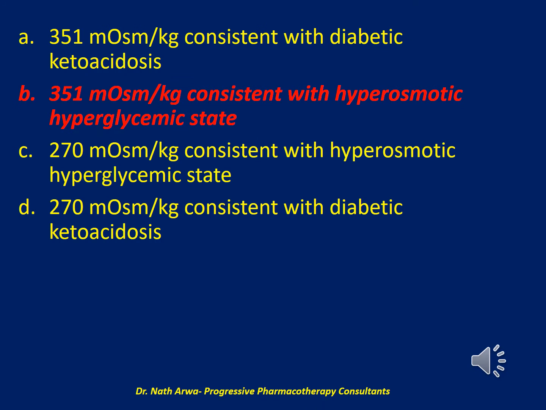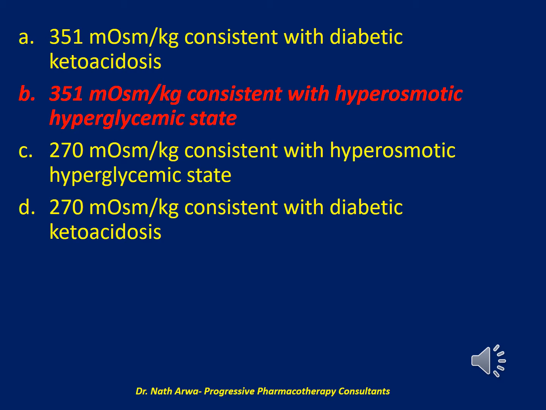And the correct answer is B. 351 milliosmoles per kilogram consistent with hyperosmotic hyperglycemic state. The effective serum osmolality of 351 milliosmoles per kilogram is equal to (2 multiplied by the sodium concentration) plus the glucose concentration divided by 18.